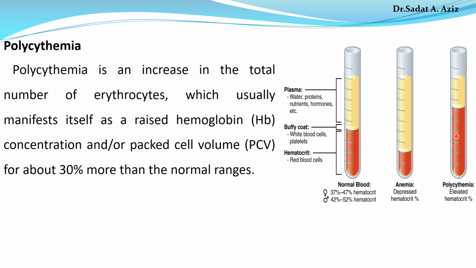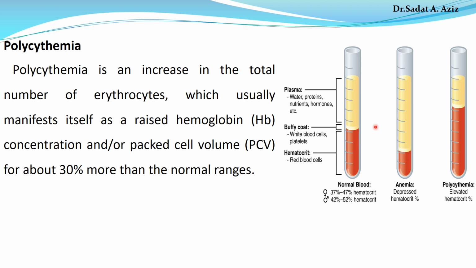If you have a look at this figure here, this is referring to the polycythemia. So the packed cell volume is usually elevated. We have traces of plasma compared to the height of the hemoglobin or red blood cells. Sorry, this one is anemia. If you have a look, there is a trace or a few amount of the packed cell volume compared to the plasma. So this is a normal one.